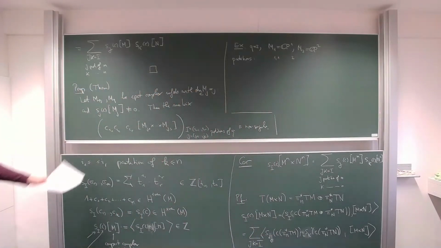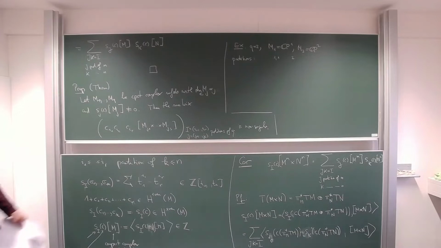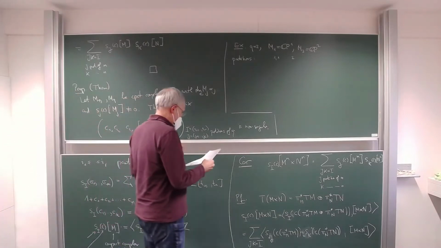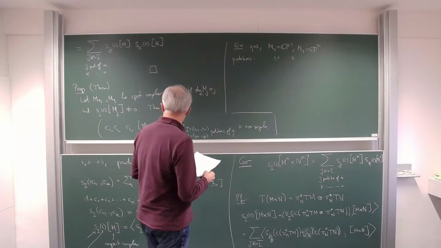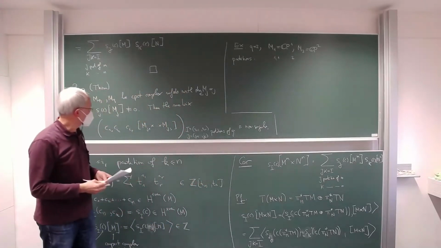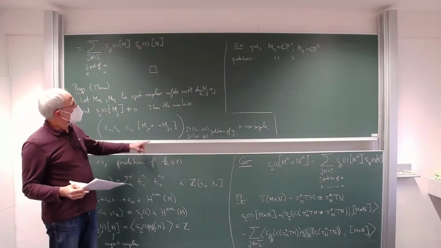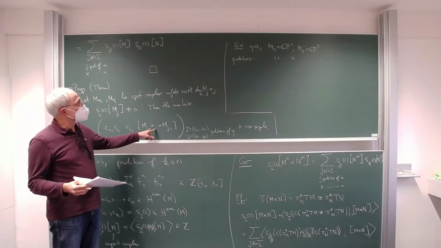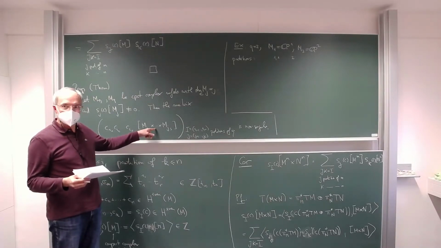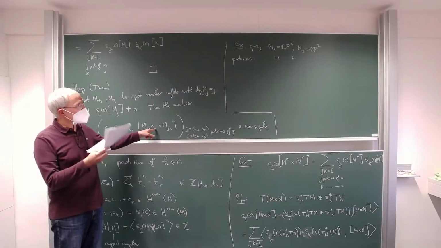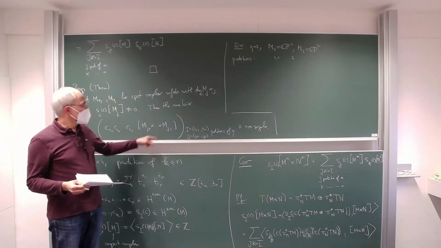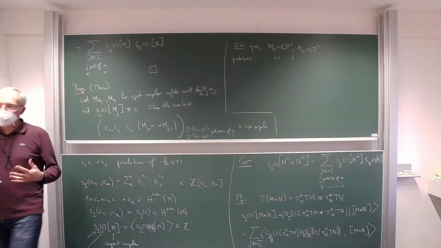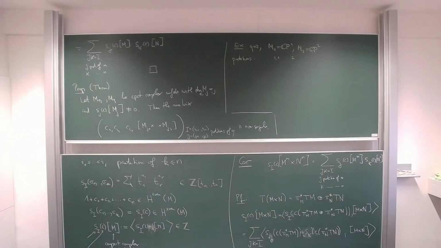So that's a 2 by 2 matrix. And now we have to compute these entries. If the partition is the partition 2, then we have to insert CP2 here. If the partition is 1, 1, we have to insert CP1 times CP1. So we need the Chern numbers of CP2 and of CP1 times CP1.